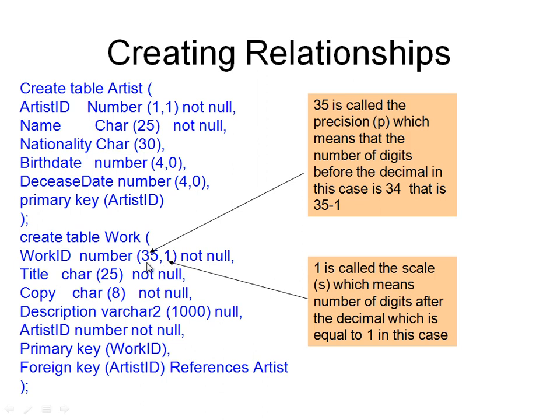In this case, when we have 35, that means 35 minus 1, and that's 34 digits allowed before the decimal, while only one decimal digit is allowed after the decimal.